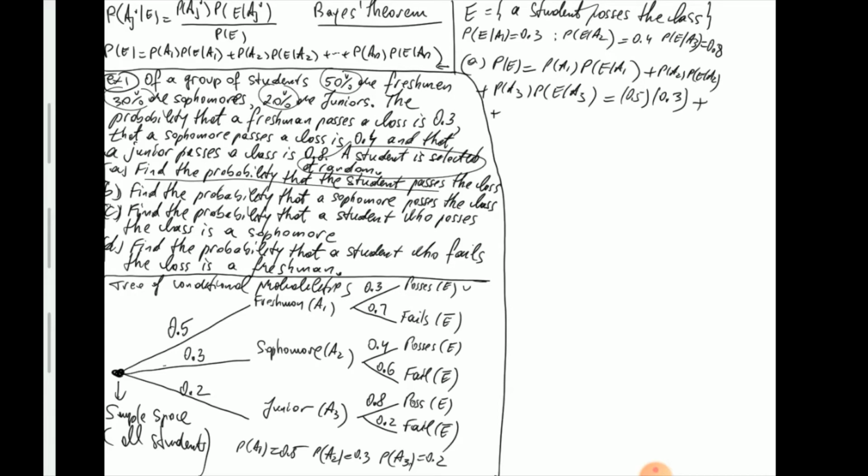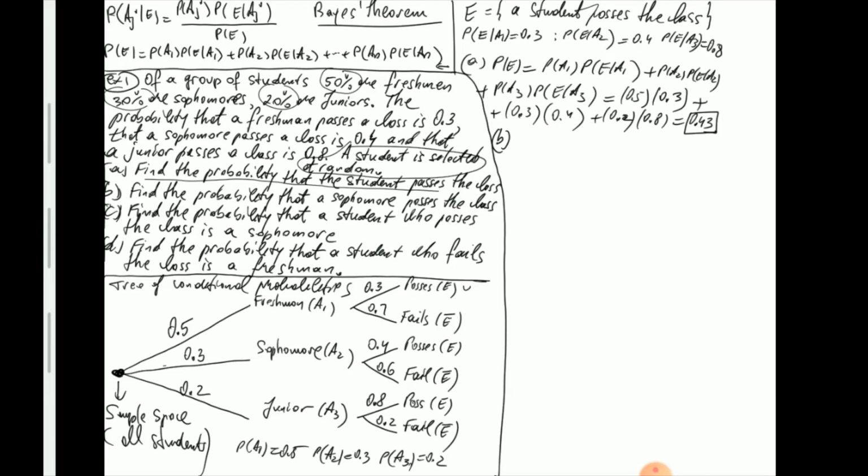The second possibility of passing is to be a sophomore. So 0.3, probability of being a sophomore, times the probability of passing if you're a sophomore, so that's 0.4. And then finally 0.2, which is the probability of being a junior, times the probability of passing if you're a junior, which is 0.8. Use the calculator to check, but the answer to this computation is going to be 0.43. So that is the probability of passing the class in this group.